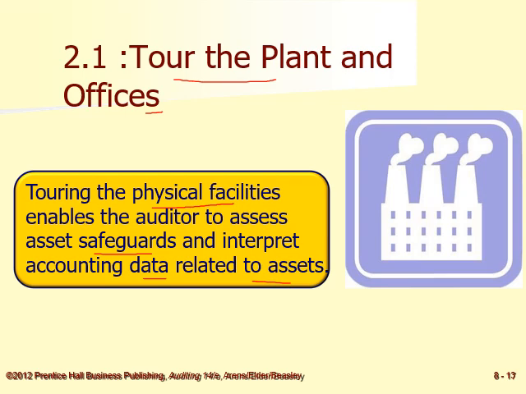Let's say from the plant tour, the auditor can see how the inventory looks. Is there any obsolescence of inventory? Is there inventory that has a special treatment in the client company? So that is the plant tour. To understand the business process, the auditor can go to the client company.